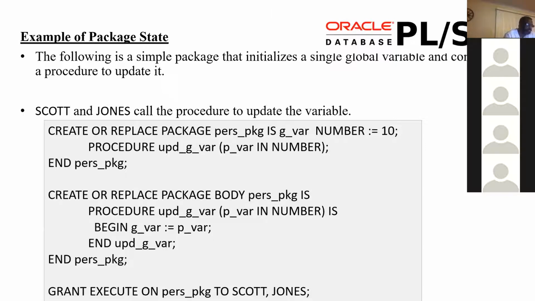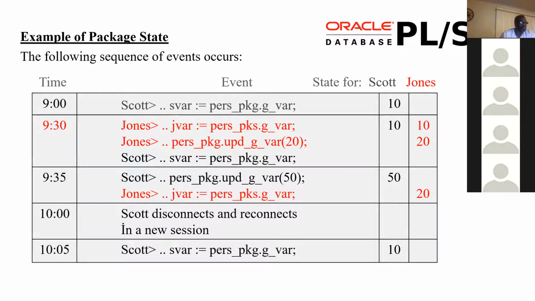You have two different users logged on, and they've opened up this package, and they're essentially running this procedure at different times. That's what the times represent. So Scott logged on and ran the procedure, and the package variable value is 10. Then Jones logs on and runs the procedure, so the value is 10. But then Jones changes the value of the variable to 20.